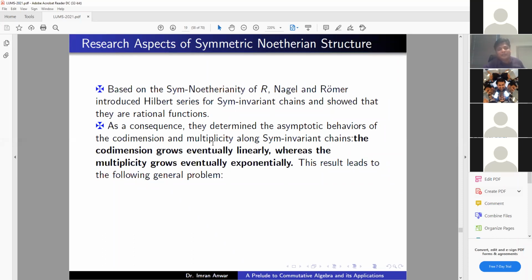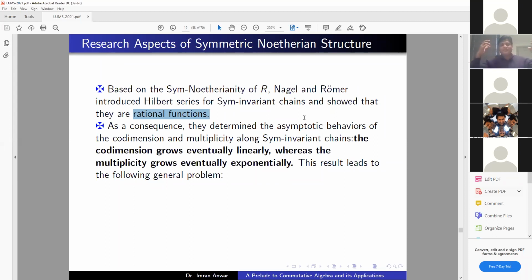For those who are not familiar with this result, just a quick note on multiplicity. Whenever I say that this is a rational function, it means there is a polynomial appearing in the numerator and a polynomial appearing in the denominator. The polynomial appearing in the numerator has a special character. For instance, say this polynomial is in the variable t, since the Hilbert series is in the t variable.